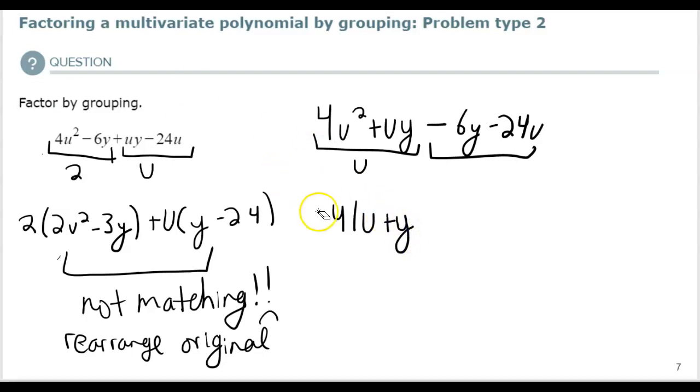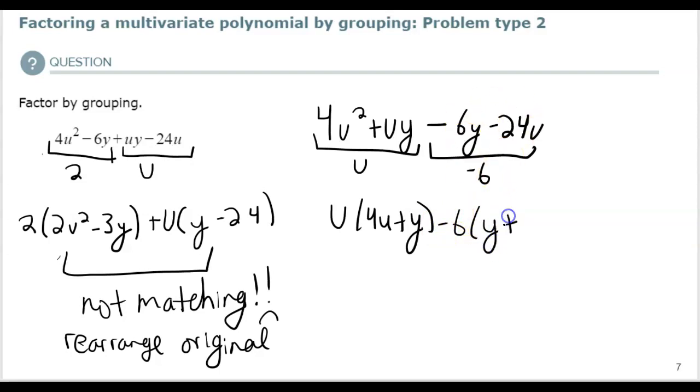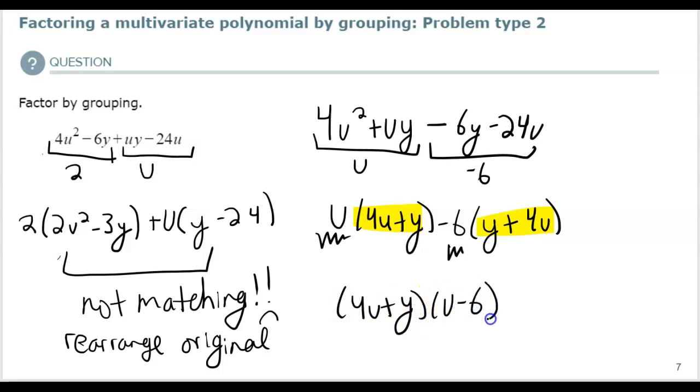Not a 4, a u, sorry. Pull out a -6. These are technically the same, they're just rearranged. And then this is my leftover. So I pulled out my similar, there's my leftover.